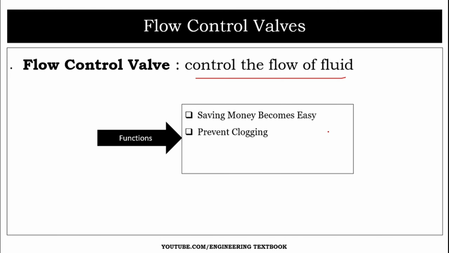It prevents clogging. Another great function of the flow control valve is that it does not obstruct the flow of the fluid. Small particles, deposits, dust, etc. do not clog the flow due to the perfect design of these valves. It saves water. As more and more people are driving towards a great lifestyle, flow control valves are an essential part of that process.